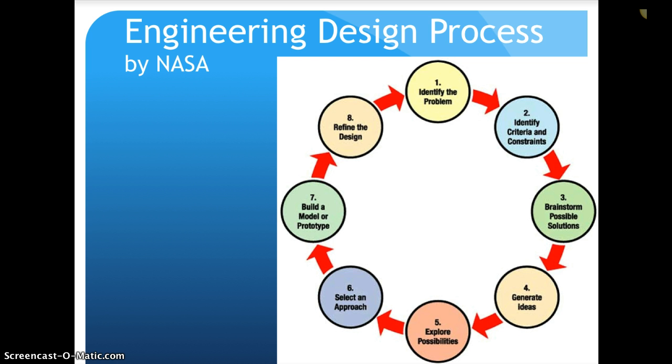Obviously, then they would brainstorm possible solutions. This is really where the collaboration is key with the students. And then coming up with ideas, exploring those possibilities by testing, selecting what approach they're going to take.